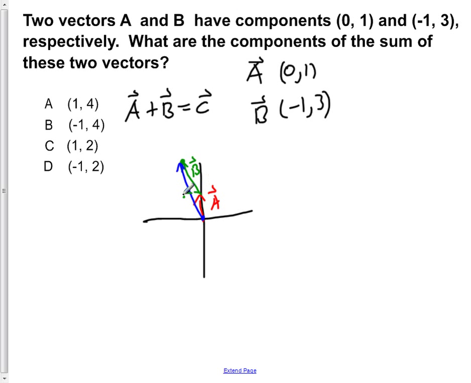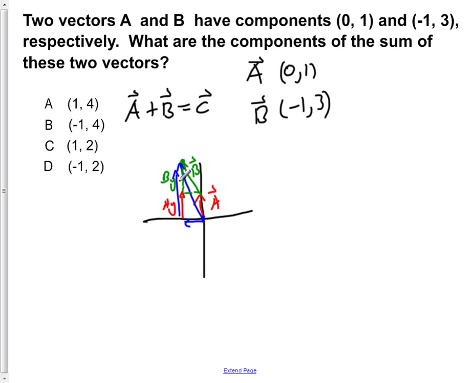If we look at this, we would see that the height of the resultant corresponds to the y component of b plus the y component of a, and the x component of our resultant vector corresponds to bx and ax, but there is no x component for a, only an x component of b.